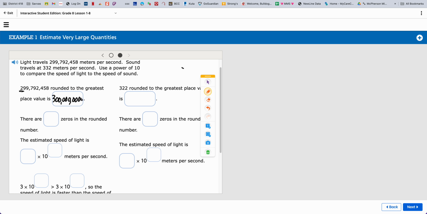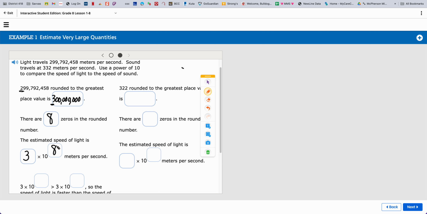So how many zeros are in the rounded number? 8. There are 8 zeros. So the estimated speed of light is, all you have to do is take the first number of the rounded number and how many zeros there are, times 10 to the 8th. 3 times 10 to the 8th is 300 million.